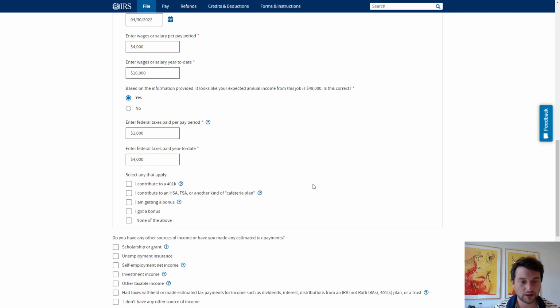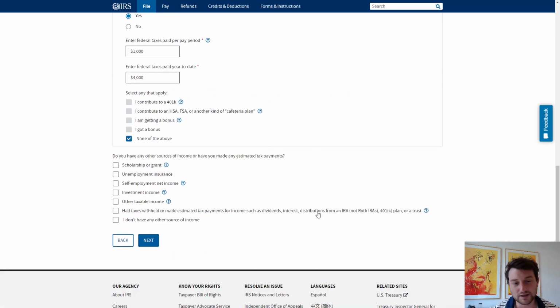And then it asks us, do you have any other sources of income, or have you made any other estimated tax payments? Now, why do they want to know this? If you have income from other sources and it's not being subjected to withholding, you can update the withholding with your employer to cover whatever you think that estimated tax is going to be, right? So let's say he did have some investment income of 10 grand, right?